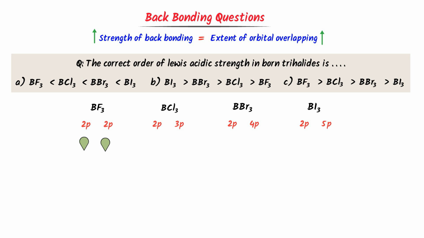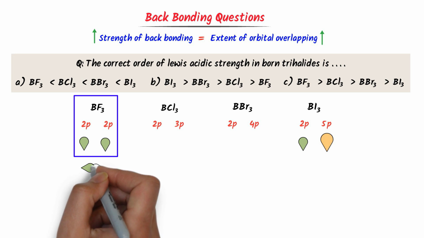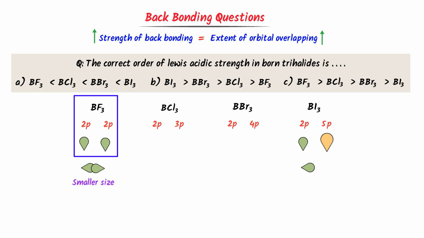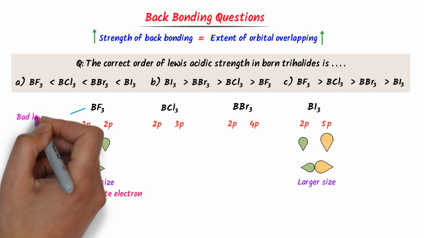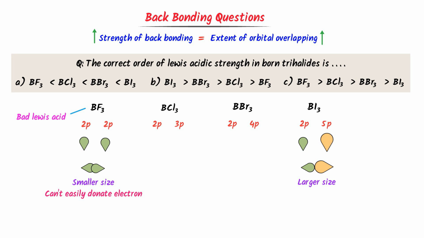In case of BI3, 2p has smaller size and 5p has larger size. Now listen carefully. In case of BF3, both the orbitals 2p and 2p are smaller. Due to smaller size, they cannot easily donate electron. So BF3 is a bad Lewis acid.